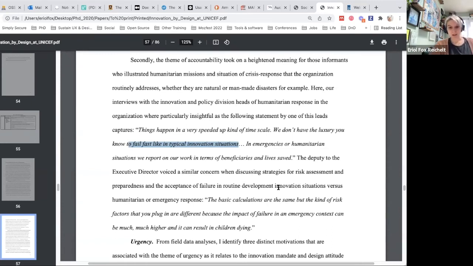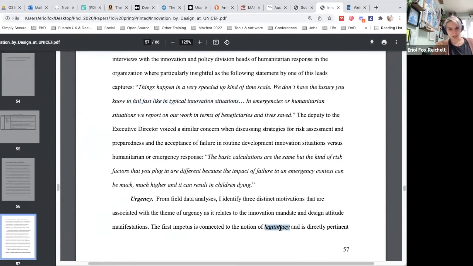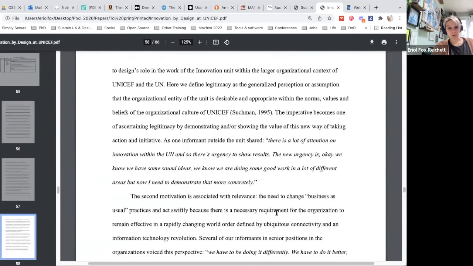And there's then a comment about the word legitimacy, around the theme of urgency as it relates to innovation. So legitimacy, and then they go on to say things about showing results.